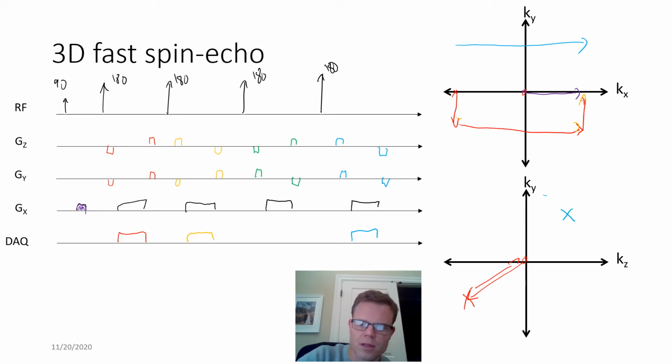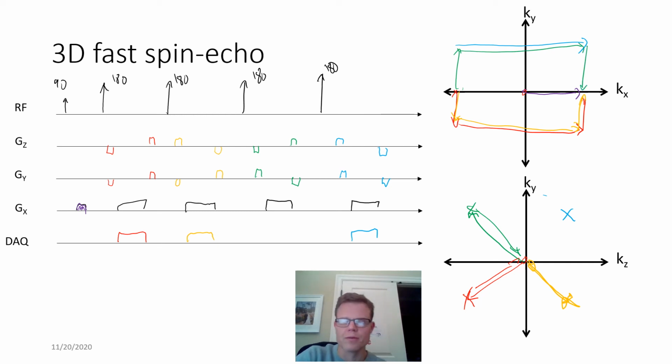Sorry, that was negative KY, so still, I guess this plane is correct. Okay, positive KY, negative KZ, brings us up to this location, positive KY up here.